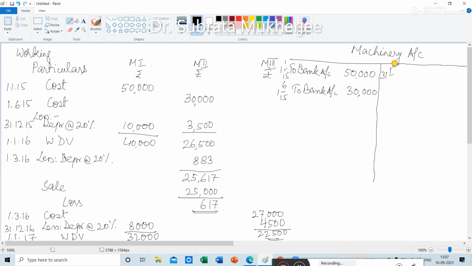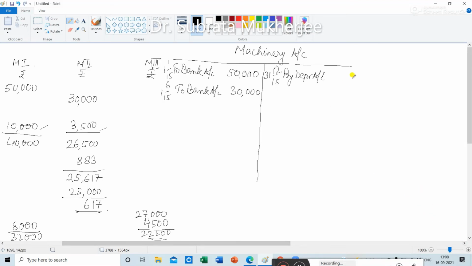On 31st December 2015, depreciation was charged by depreciation account. You add up these two, 10,000 and 3,500. So this will be 13,500. What will be the balancing figure here?